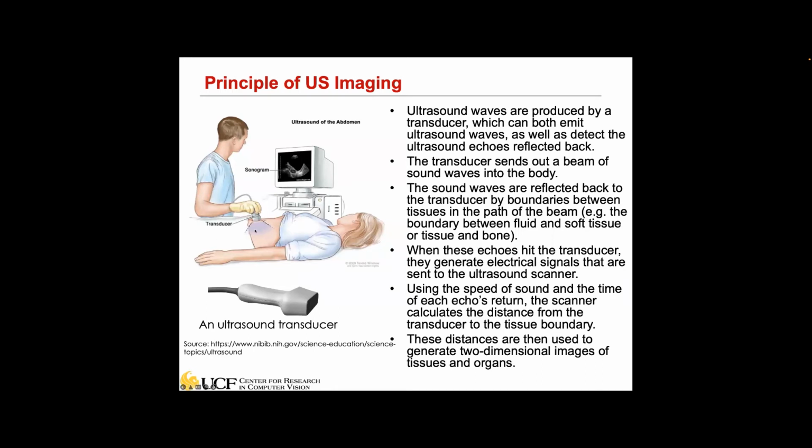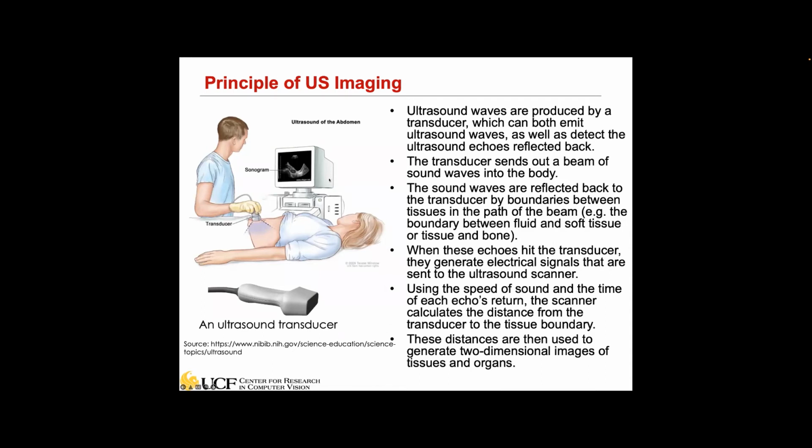They move around the pregnant woman's belly, trying to see different angles of the fetus. The ultrasound wave is produced by the transducer, which can both emit the ultrasound wave and detect the ultrasound echo reflected back. That's why you'll see an algorithm used to reconstruct the image.